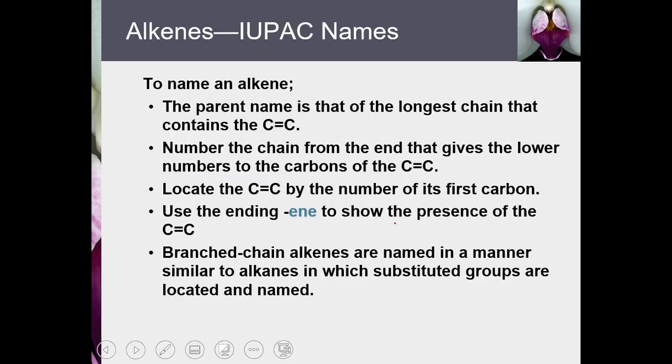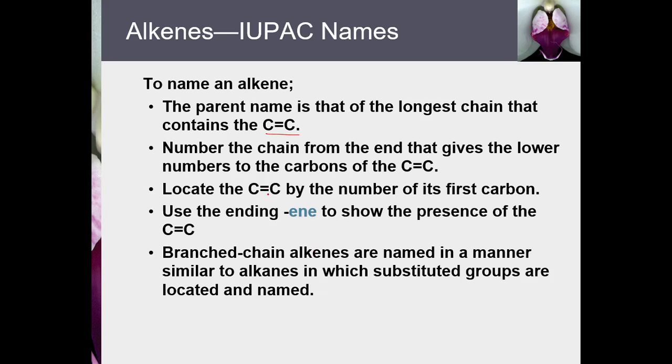So, a review of the naming of alkenes using the IUPAC name. To name an alkene, the parent name is that of the longest chain that contains the carbon-carbon double bond. So don't forget that. The chain must pass through the double bonds. Then, you number the chain from the end that gives the lower numbers to the carbons of the double bond. So you start from whichever end gives the double bonds the lower number.